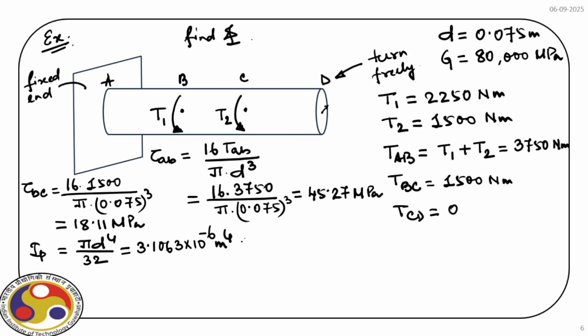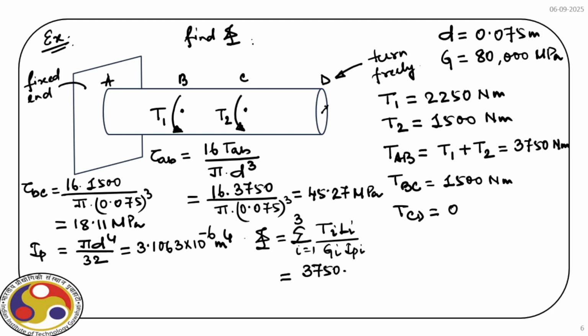What we have to do is find phi for each segment, and that will give us total phi. So we have TI LI divided by GI and IPI. For the first segment, we have 3750 times the length.